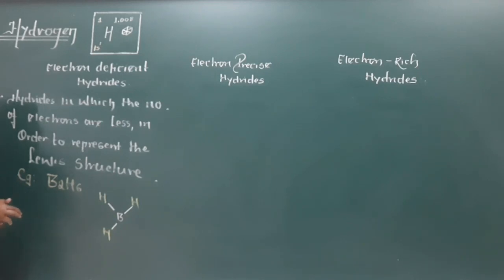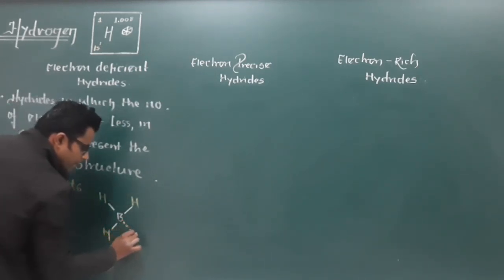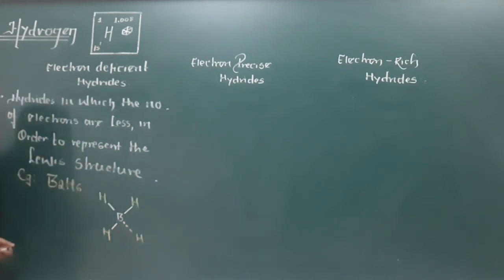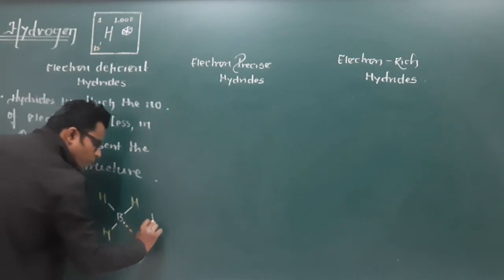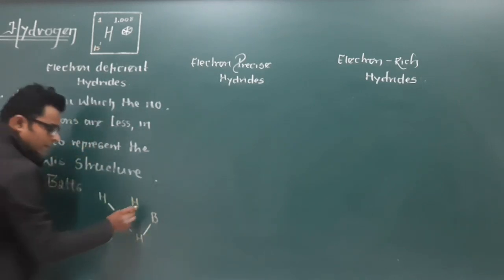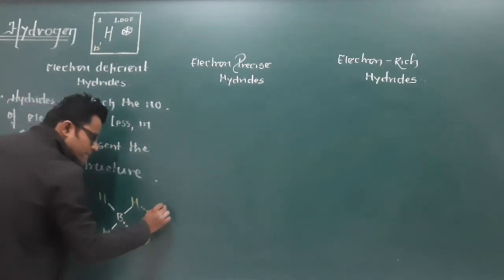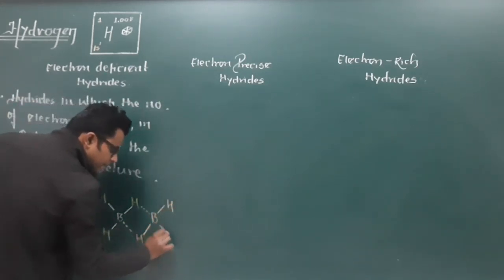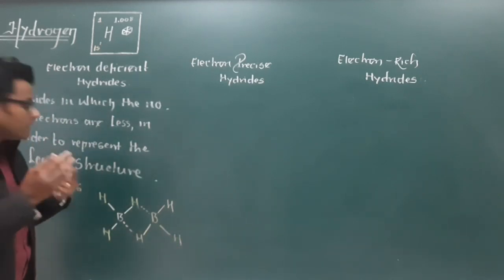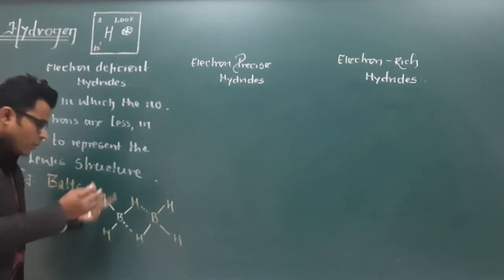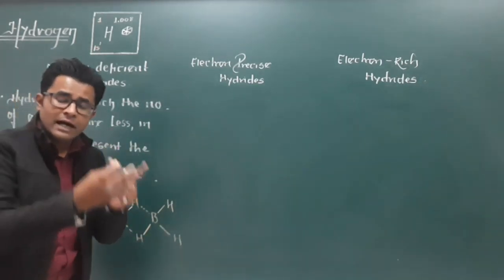But the 4th bond is going to be formed sometime over here like this. But the same hydrogen forms a perfect bond with the next boron, and this particular hydrogen is going to be shared between the two. So here it becomes difficult for us to represent a Lewis structure, because the number of electrons that have to be shared is less.